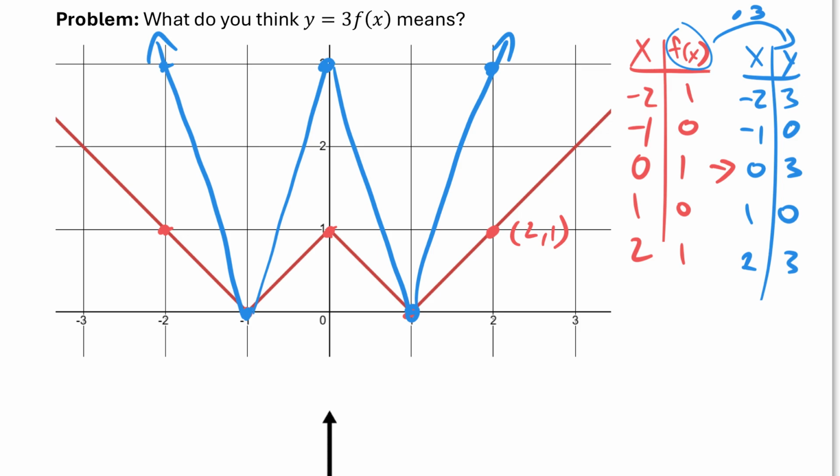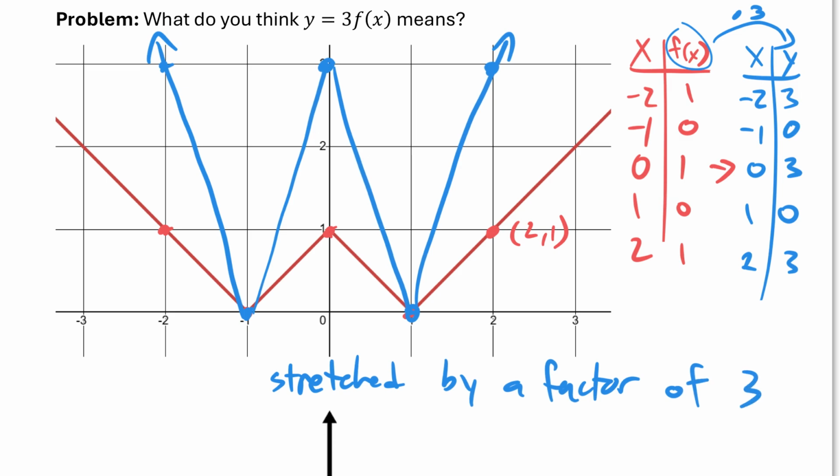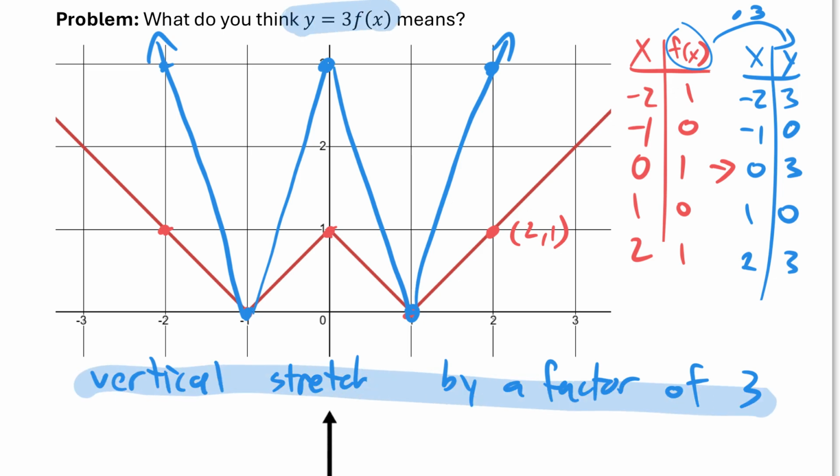And again, the way we'd write this in English is we have been stretched by a factor of 3, and we include the word vertical. So vertical stretch, or vertically stretched. Let me just fix the English here. Vertical stretch by a factor of 3. That's how we write y equals 3f of x in English.